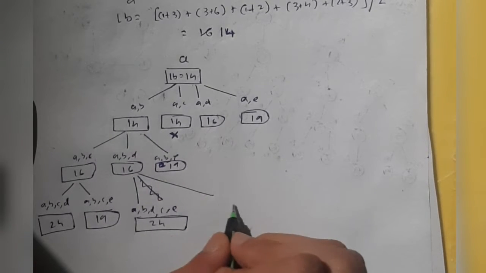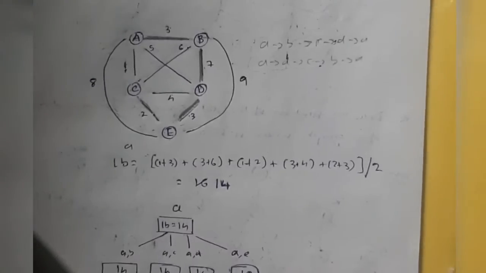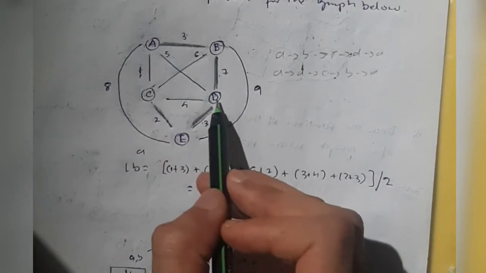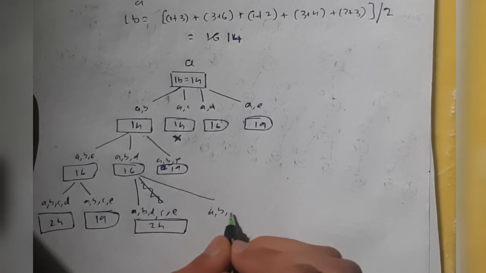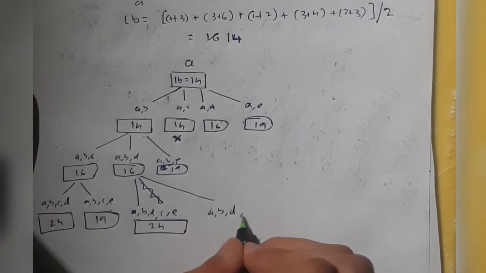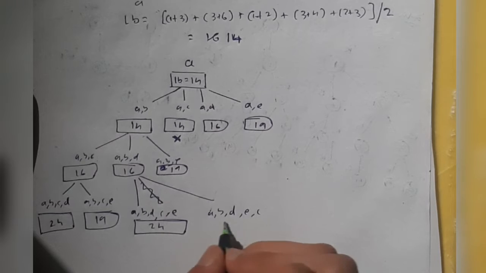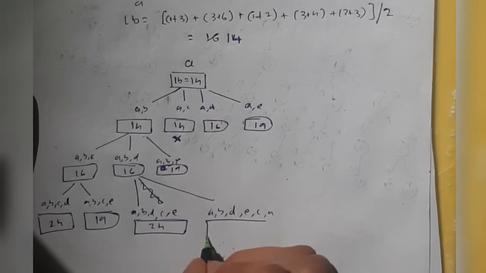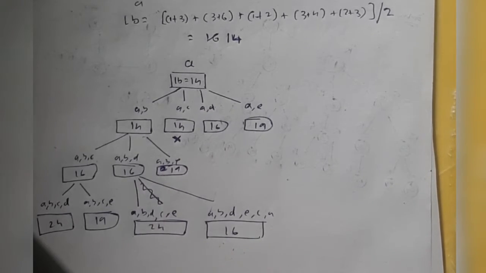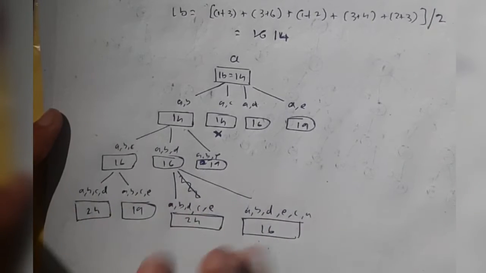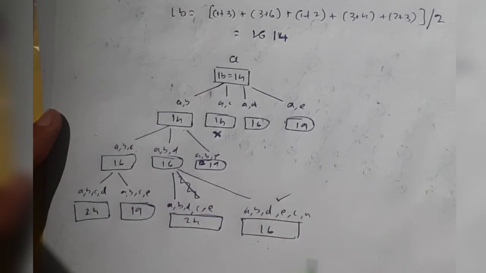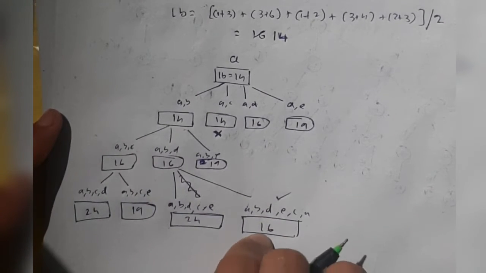In the second one, which is A, B, D, E, C, A, this answer we got as 16. So comparing these four, what's the least one? 16. So this is the optimal tour for the salesperson.